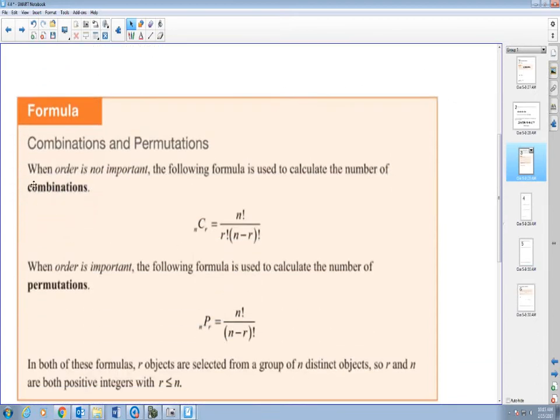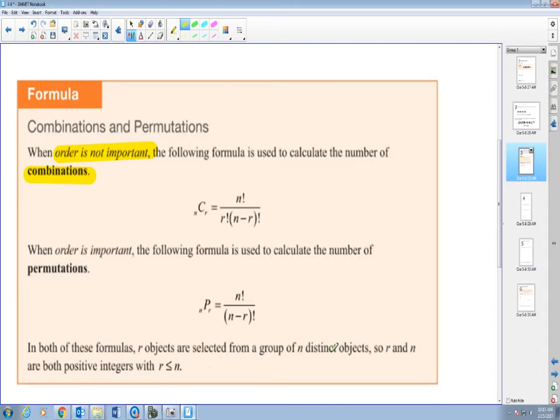Alright, so the formula says when the order is not important, when the order of arrangement is not important, then we can use something called combination, which is abbreviated nCr. The capital letter N stands for N distinct objects.